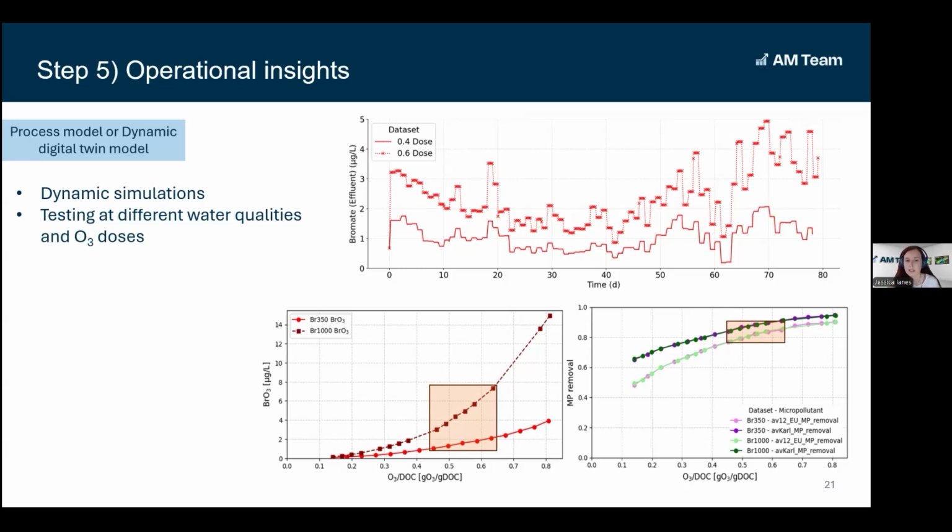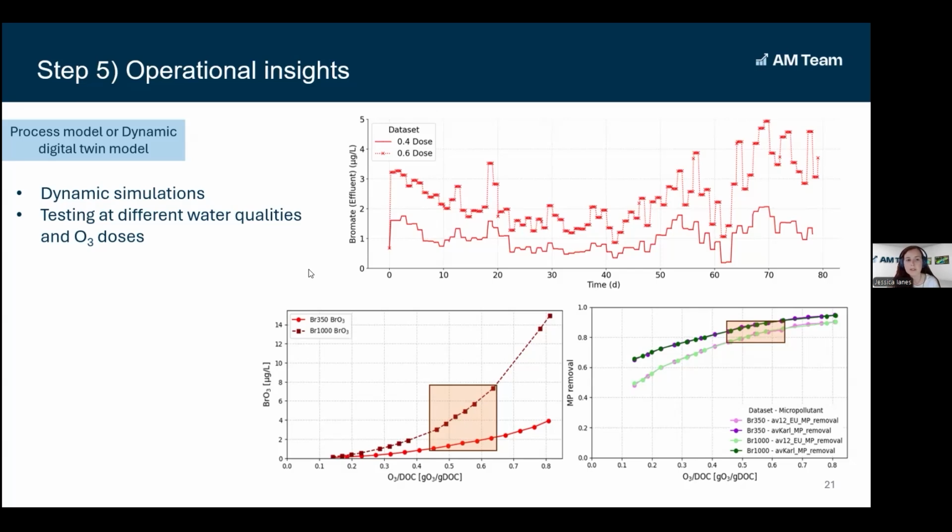We know the secondary effluent does not have a steady state water quality, but we might experience peaks in DOC, ammonia, nitrite that actually affect the results in terms of bromate and micropollutant removal. And also there might be spikes in bromide at the plant, as Torsten anticipated. So we wanted to simulate these more than 70 days of dynamic influent. And here you can see the results.